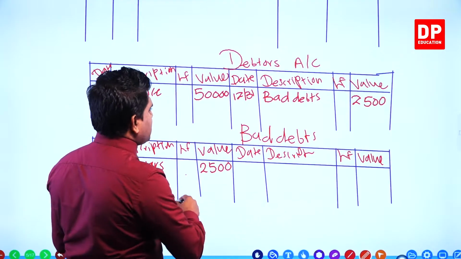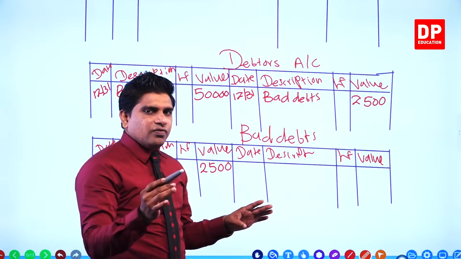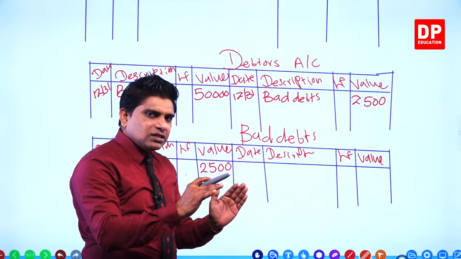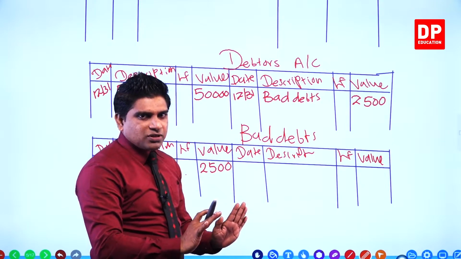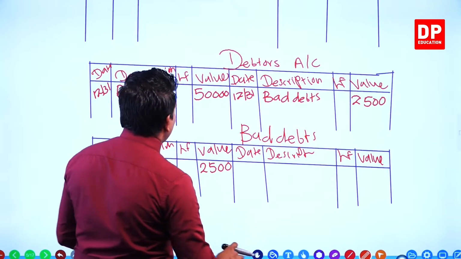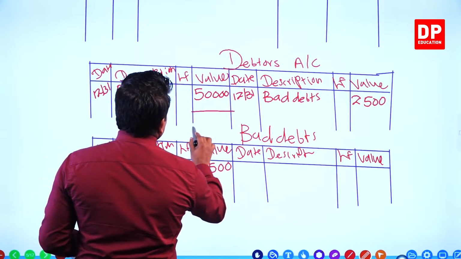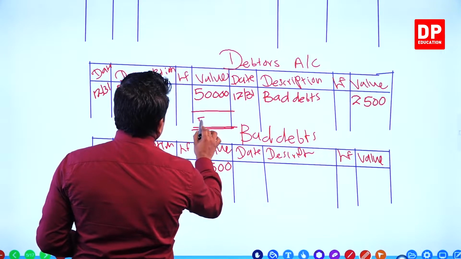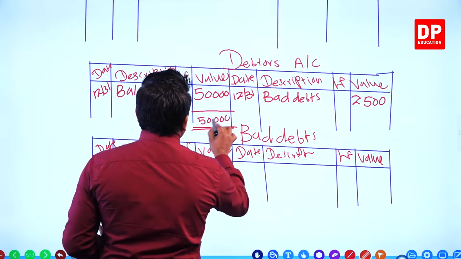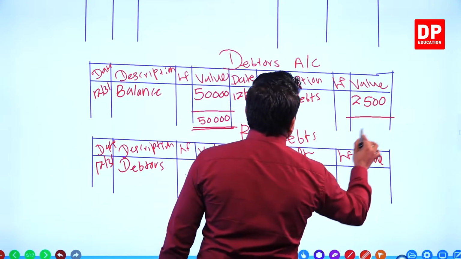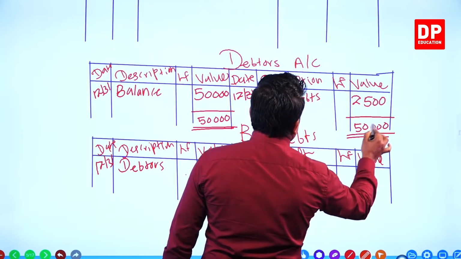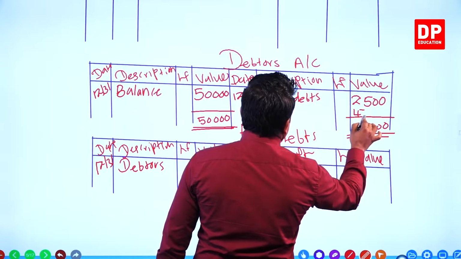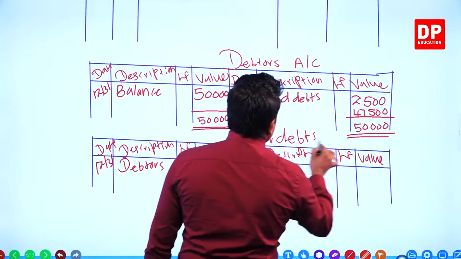Then what do you want to do? As previously, we have the balance of the debtors under the current assets and bad debts in the profit and loss statement, right? Now 50,000 brings here, how much? 47,500.